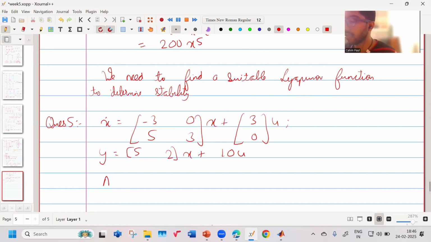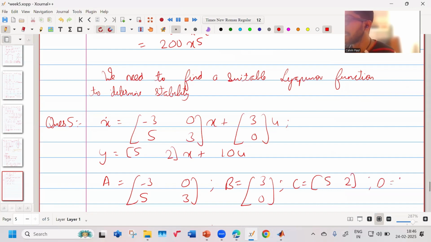So this is your A matrix, [-3 0; 5 3]. B matrix is [3; 0]. C matrix is [5 2], and D matrix is 10. Can you tell me which matrix is considered for determining the stability?